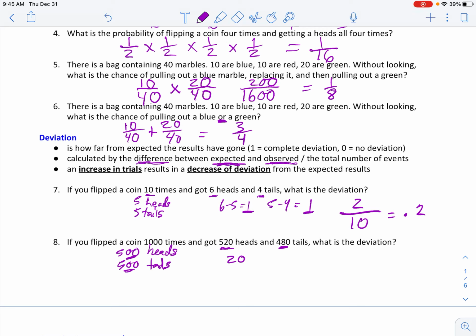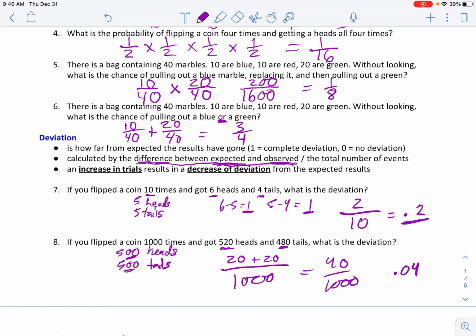Difference between 480 and 500, 20. So again, difference between expected and observed for both heads and tails, divided by the total number. In this case, it's 1,000 flips. All right. So that'd be 40 over 1,000, or 0.04.